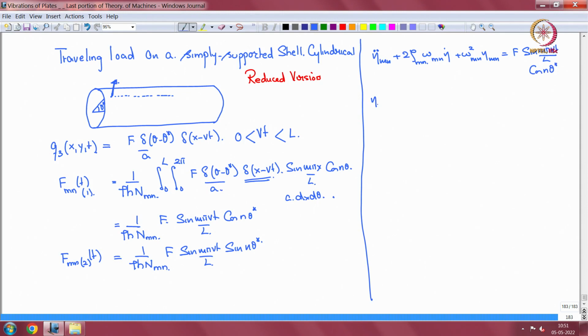Then you have eta mn double dot plus twice zeta mn omega mn eta dot plus omega square mn eta mn is equal to F sin m pi Vt by L sin n theta star. So now you have to do a transient analysis with this as the transient force.